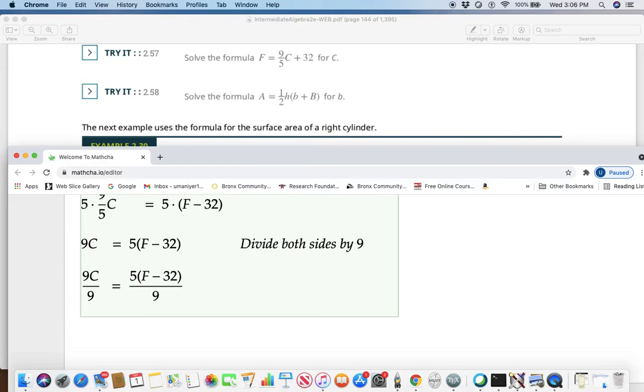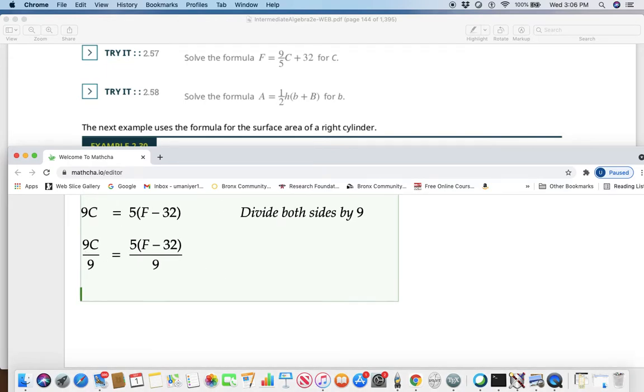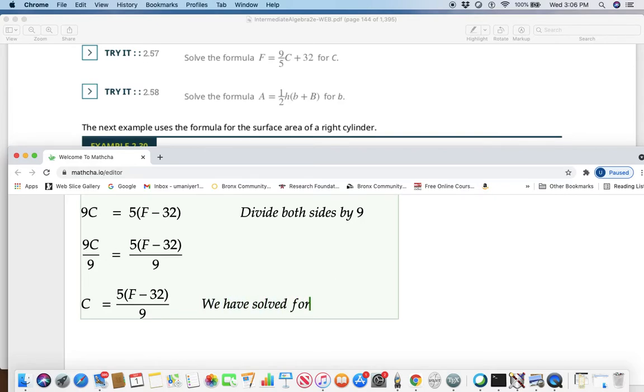Eventually the 9's get cancelled. C is equal to this expression. We have solved for C. All right, let's try one more example.